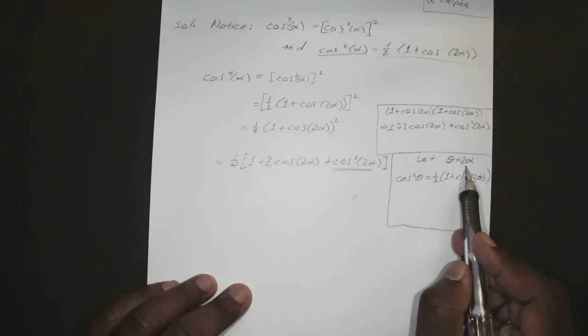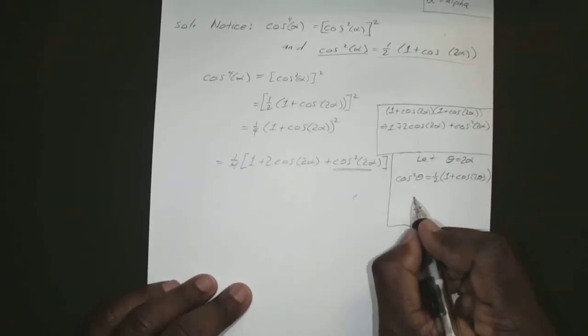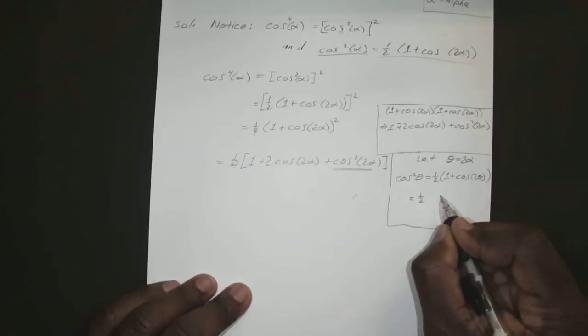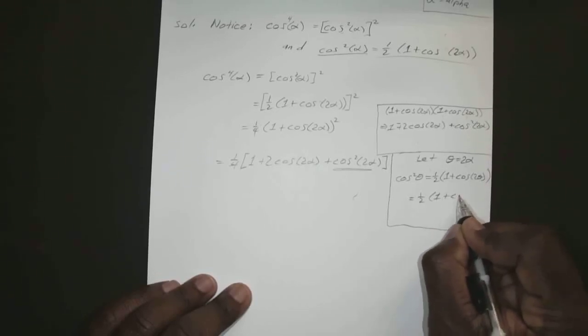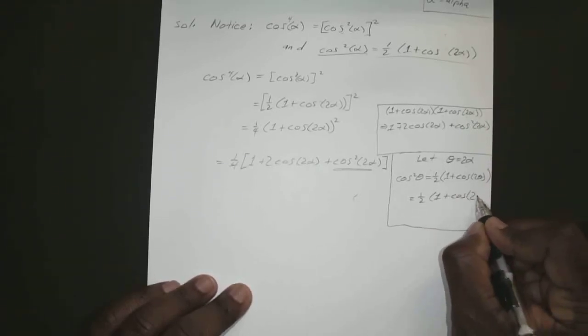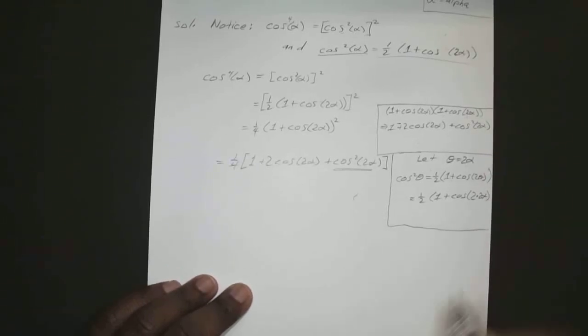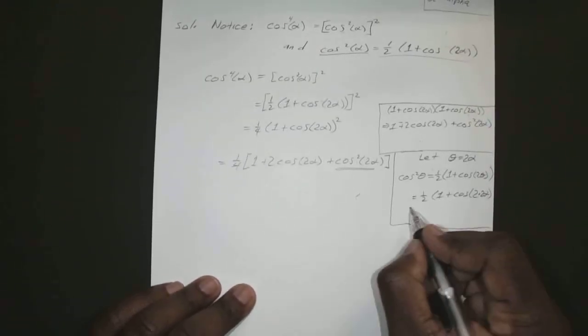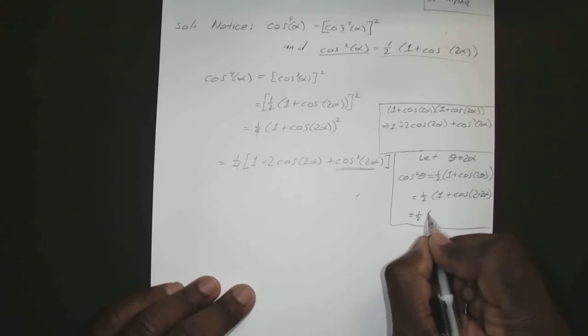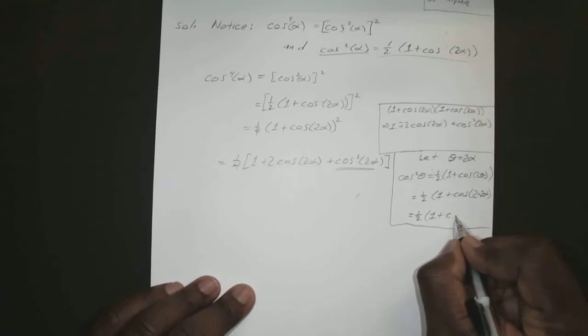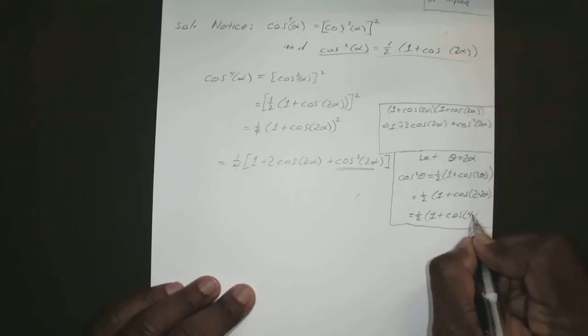Since our theta is equal to 2 alpha, that's going to equal 1/2 times 1 plus cosine of 2 times 2 alpha. So that's going to be 1/2 times 1 plus cosine of 4 alpha.